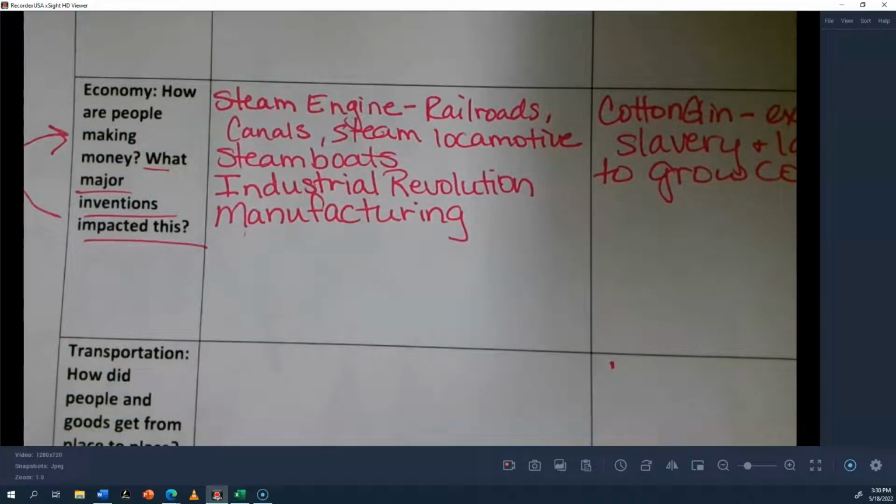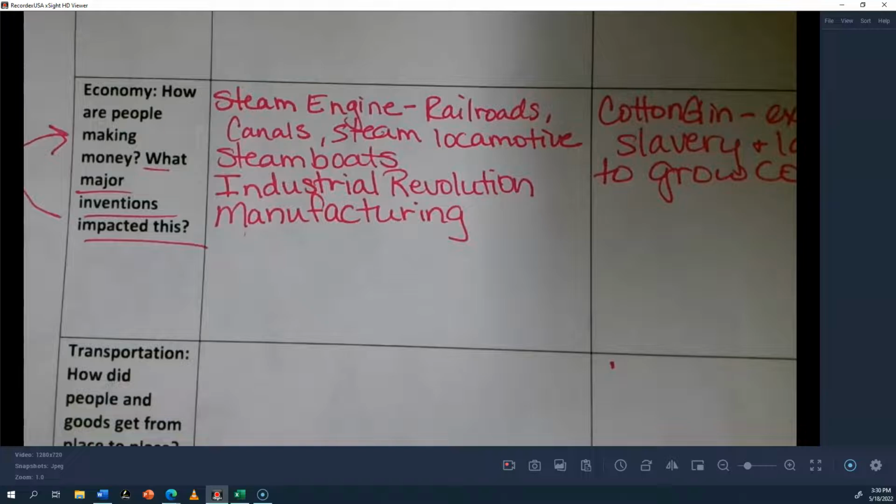So you see more of this growing raw materials like cotton and exporting it out. So what we see in the South is like an export-oriented economy, whereas the North is highly industrialized.